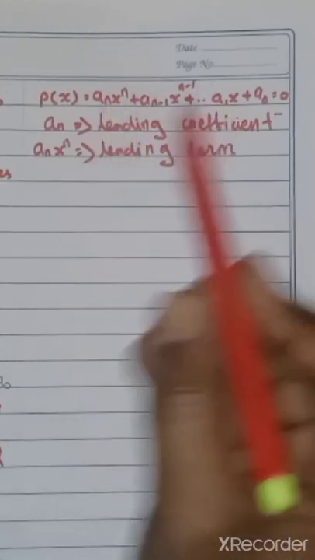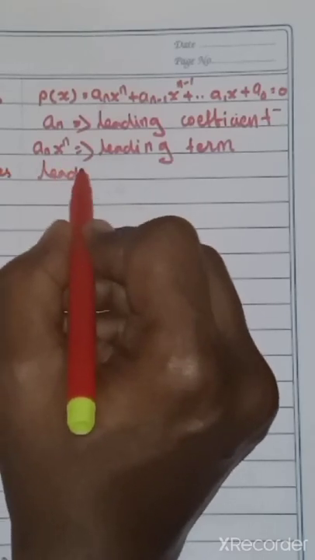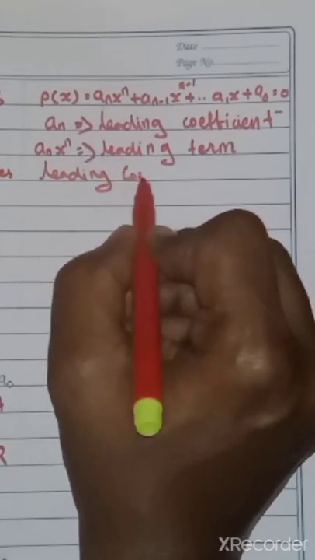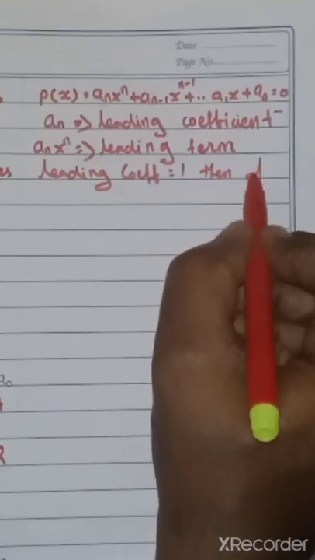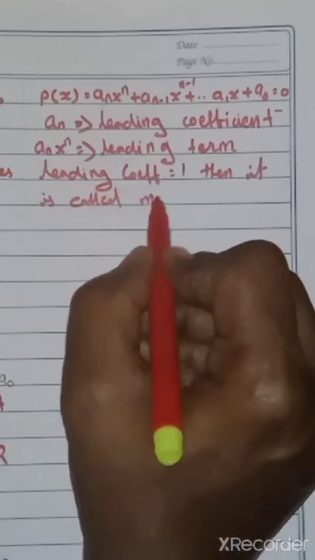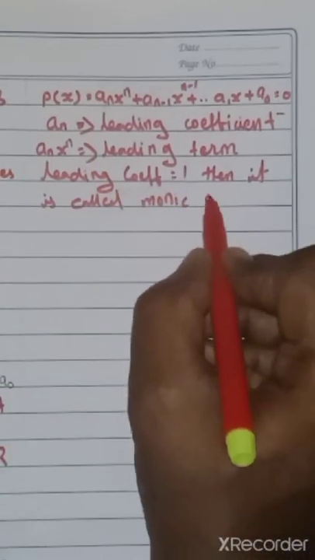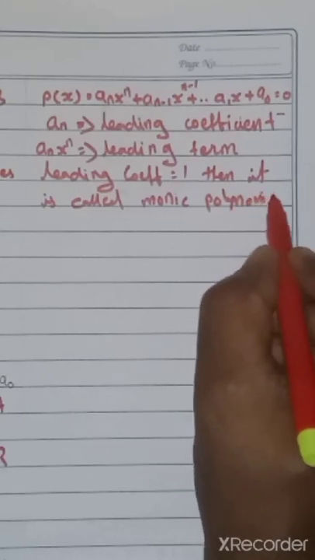If the leading coefficient equals 1, then it is called a monic polynomial. Is that clear? Okay.